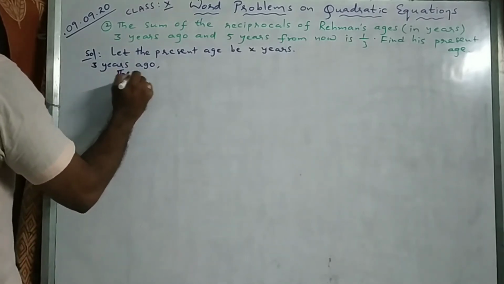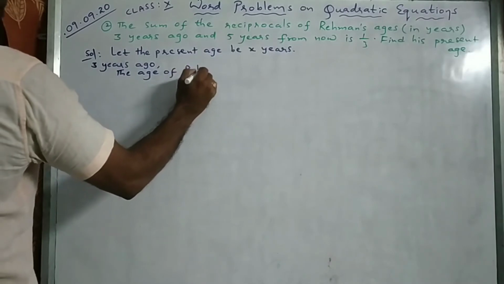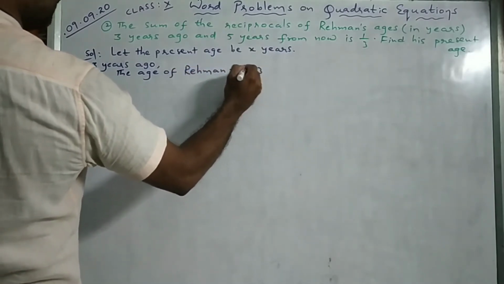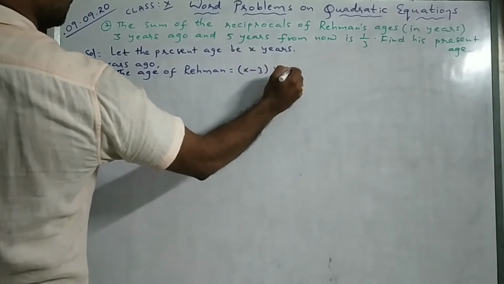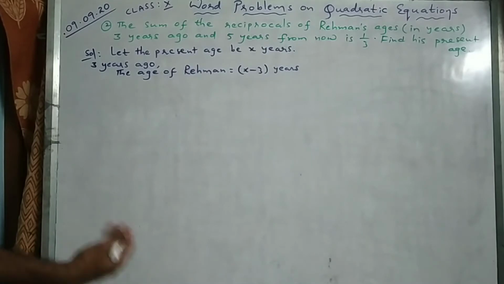The age of Rahman 3 years ago is equal to, ago means we have to subtract, right? X minus 3 years. Present is x, so 3 years ago means we have to subtract.